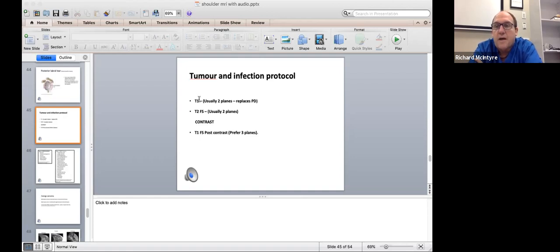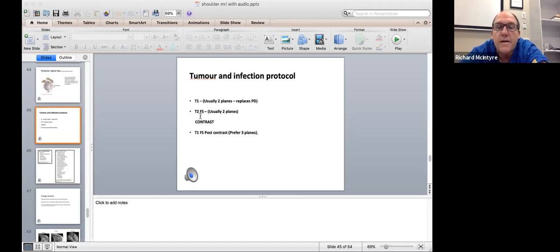Some departments, I mentioned right at the start of this module, do different protocols. You'll find that some departments do a mixture of T1 and proton density, okay? If I was to ask you, a patient presents with a tumor or infection, what 4 sequences would you do before contrast?